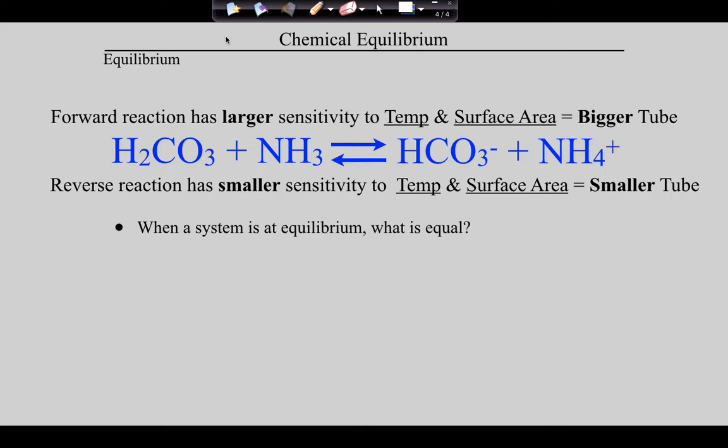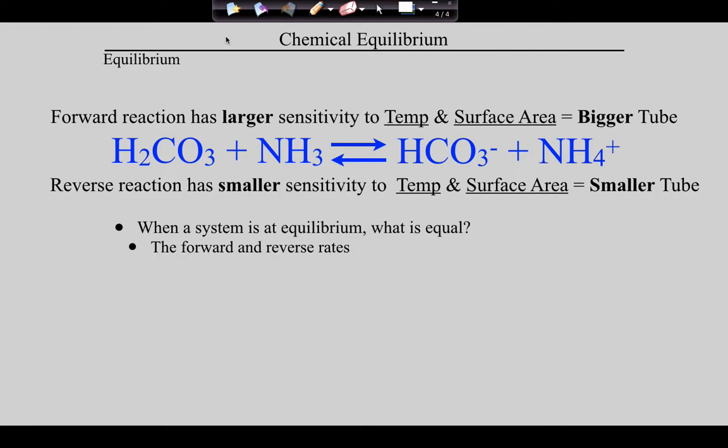So guys, when we are at equilibrium, what is equal? So not the ratio of products to reactants. That was 70-30. So guys, when we're at equilibrium, what is equal? The rates. And guys, what in our demonstration was representative of rate? The amount of water where? In the tubes, not the cylinders, in the tubes. Remember, we got to that point where we were moving the same amount of water forward as backward, and that was the point where we reached equilibrium.